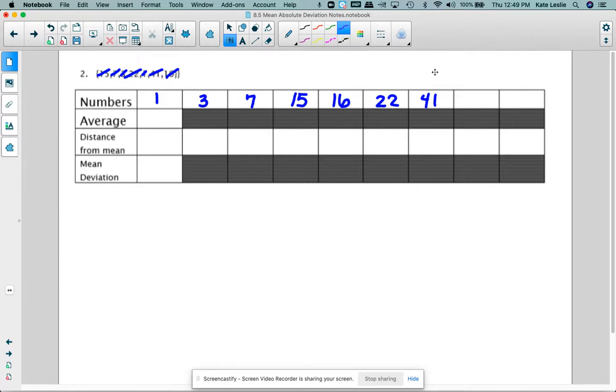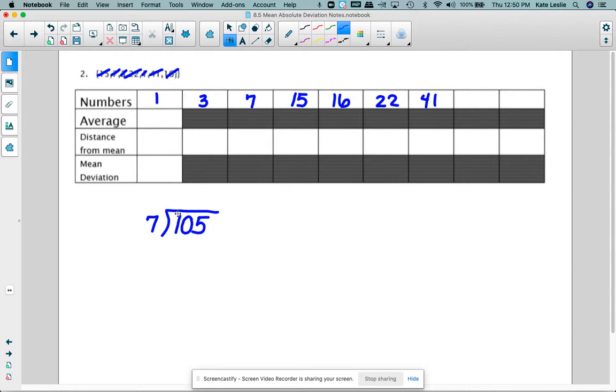So what I want to do first is I want to add all these numbers together. When you add these numbers together, making sure that you added them correctly, you should get 105. We're going to divide by however many numbers there are. So there are 1, 2, 3, 4, 5, 6, 7. So we're going to divide by 7.